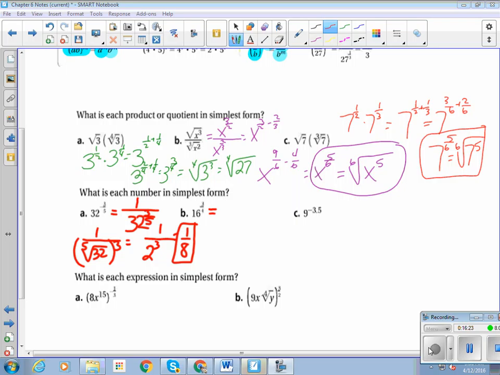So using that same chart, 16 to the 3/4. Right now I can tell you, I cannot take 16 and multiply it by itself 3 times in my head. I have to write that down or I have to use a calculator. So is it easier to do that, 16 to the 3rd, or take the 4th root of 16?